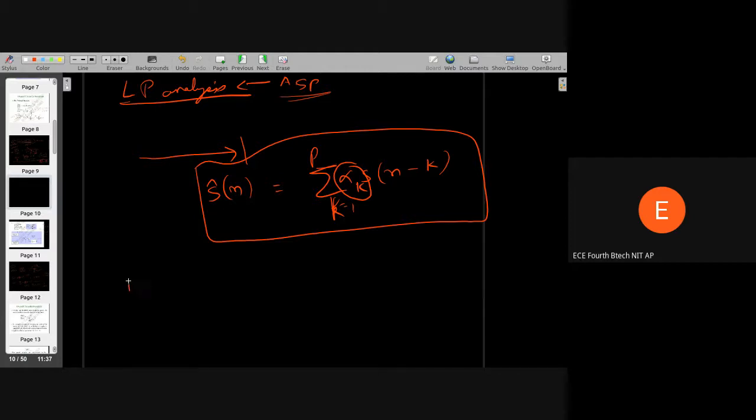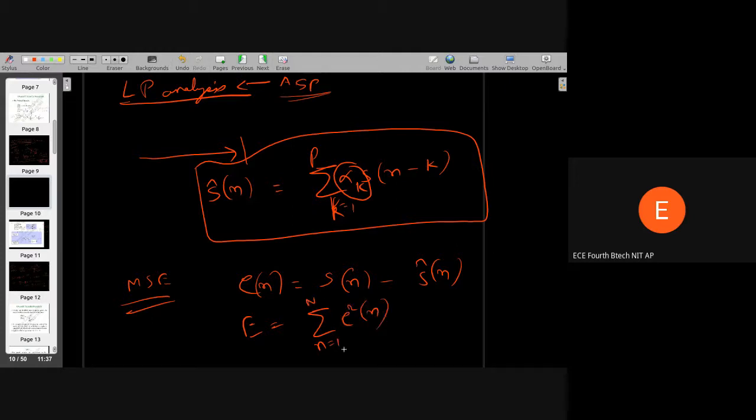In LP analysis, we evaluate the mean square error, and we want to minimize the mean square error. Ideally, it should be zero. If we get the perfect zero, we will be able to absolutely perfectly replicate the source filter theory model.